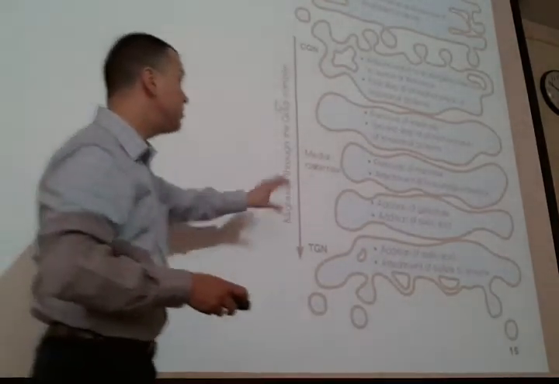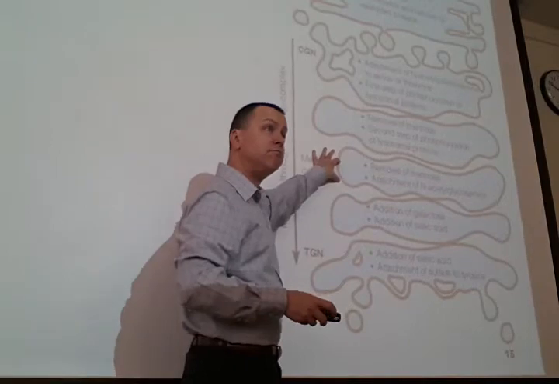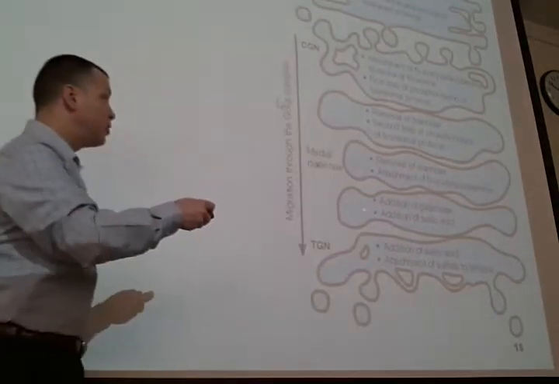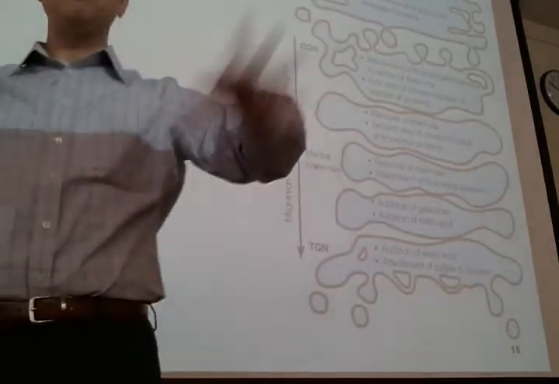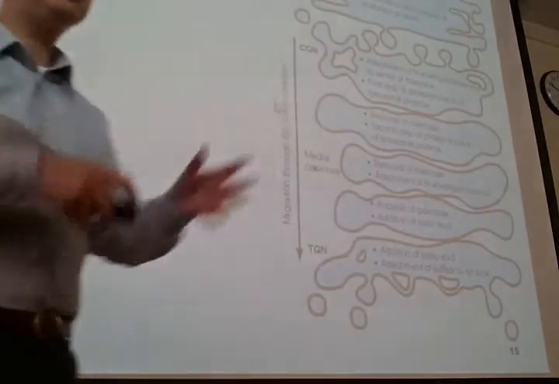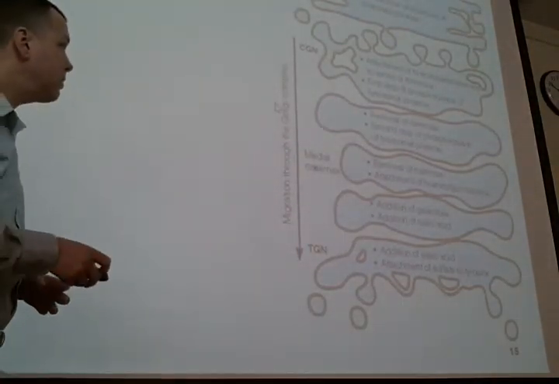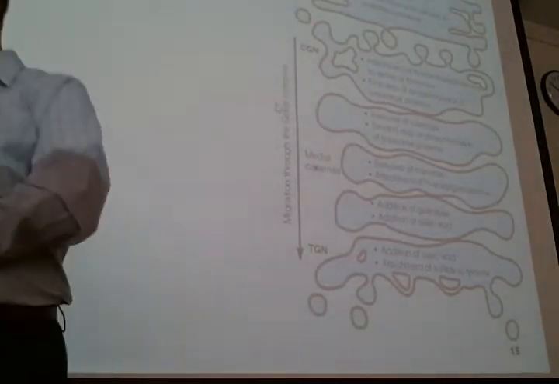And sometimes you will see them going backwards as well. So that can happen too. They can go backwards from, say, the fourth to the second one. So there's vesicles moving all over the place in and around the ER and the Golgi. If you look at that under the microscope, that's the area of the cell where there's just a ton of vesicles moving all over the place. Okay, so that one's kind of simple, I think.